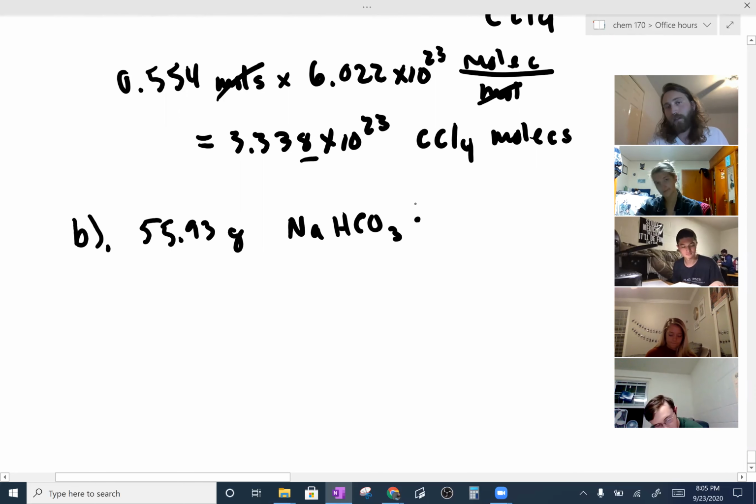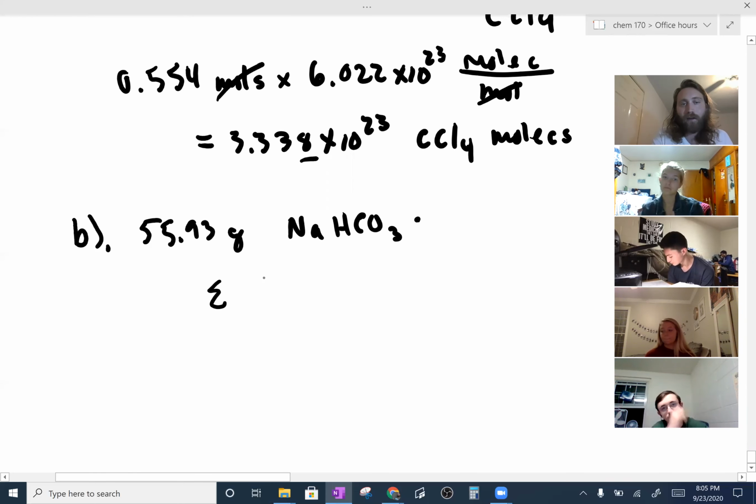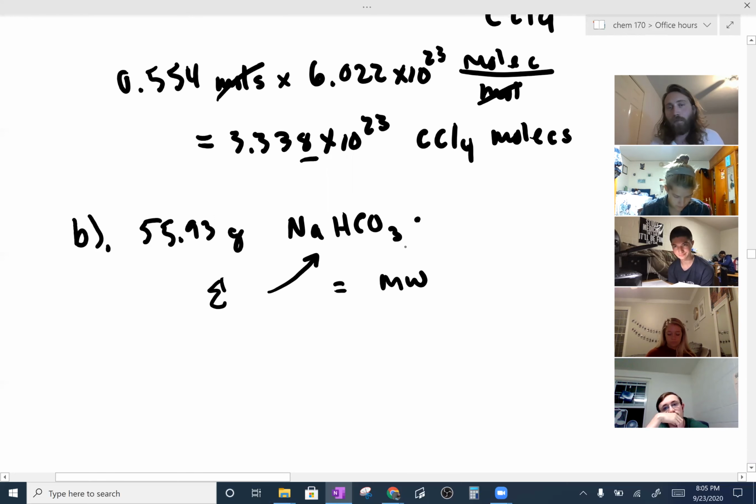So I need to calculate the molar mass of sodium bicarbonate. And so you would sum up the masses of all of the atoms that go into this formula unit to get your molecular weight, just like you would if it was a molecule. And then once you have the moles, then you use Avogadro's number, just like you would if you had a molecule.